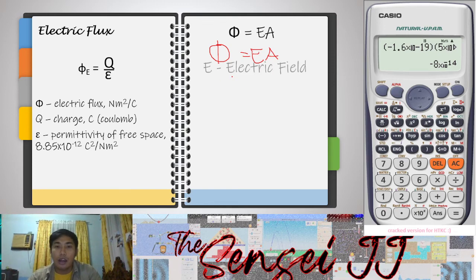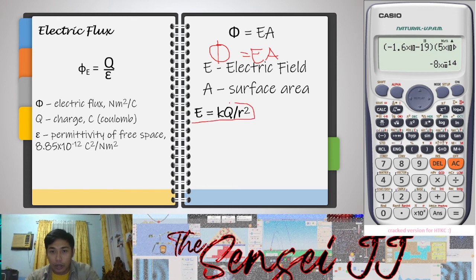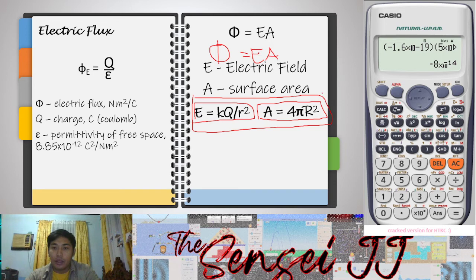Okay, so we have here our formula of our electric field of KQ all over R squared. So we have here our formula of E is equals to KQ all over R squared and our area of 4 pi R squared. So, substituting these two, E and A, the formula of E and A sa ating formula. So, this is what it looks like.